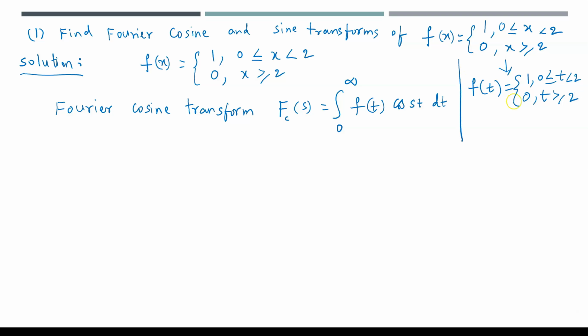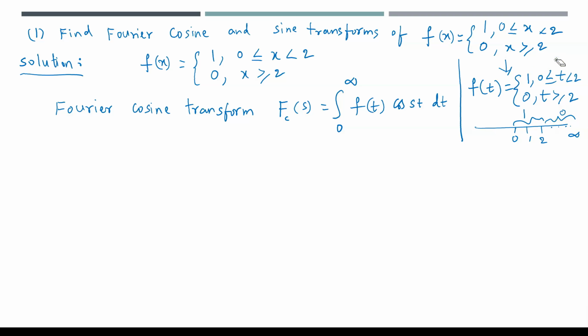Now let us use this function here. Here the interval 0 to infinity is divided into 2 intervals, that is here 0, 1, 2 and so on up to infinity. In the interval 0 to 2 the value of this function is 1 and in the interval 2 to infinity the value of this function is 0.